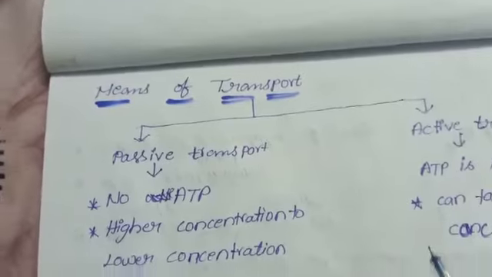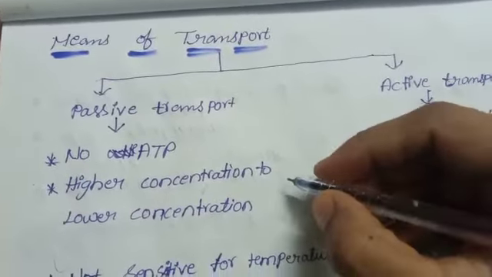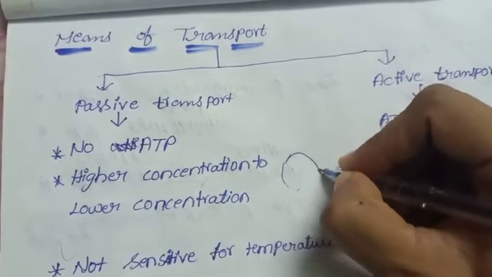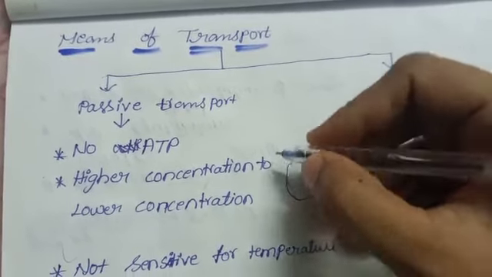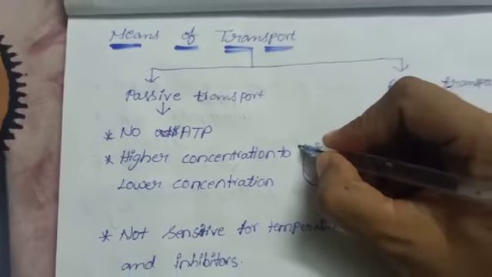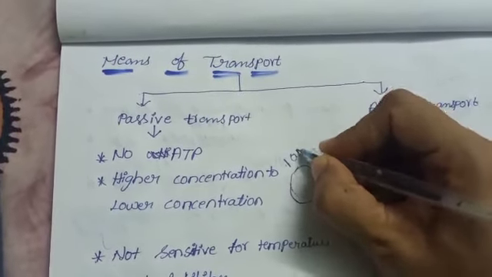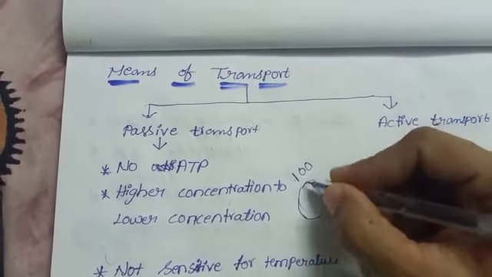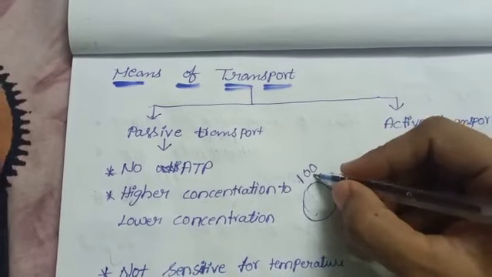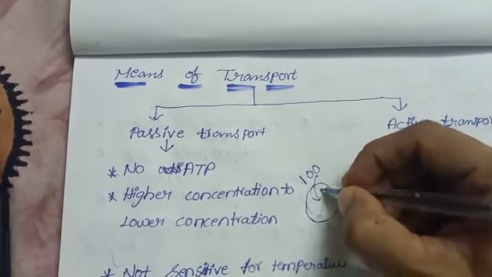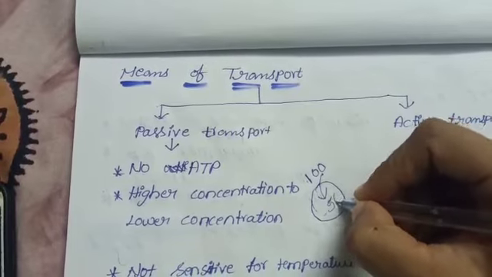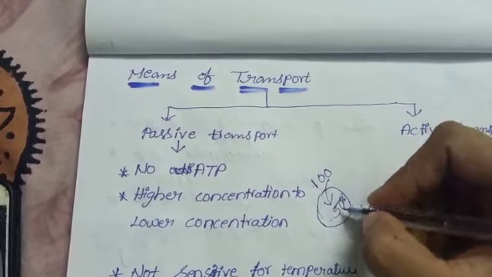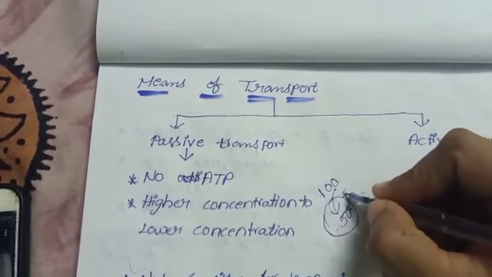Let me give you an example. Suppose there are 100 cells outside the cell, and there is none in the inner compartment. If 50 cells are transported to the inner compartment, that means 50% of the minerals or water is transported inside, so there are 50 here and 50 there.